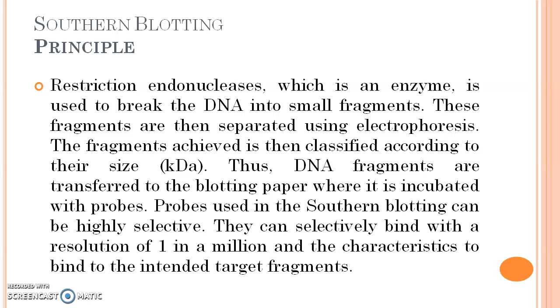Thus, DNA fragments are transferred to the blotting paper where it is incubated with probes. Probes used in Southern blotting can be highly selective. They can selectively bind with a resolution of 1 in million and the characteristics to bind to the intended target fragments.